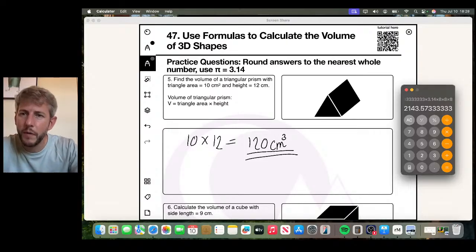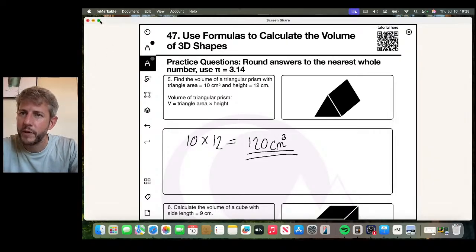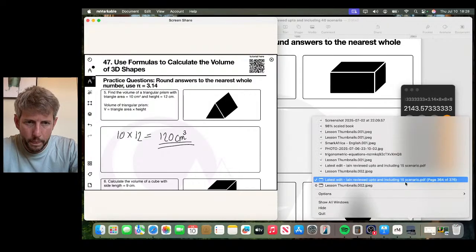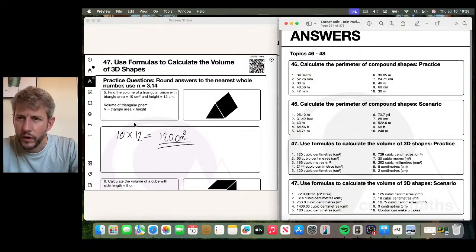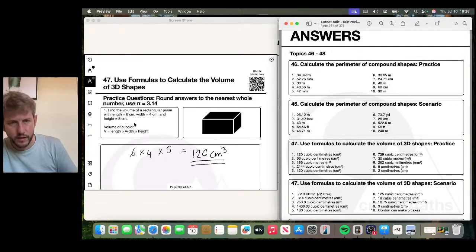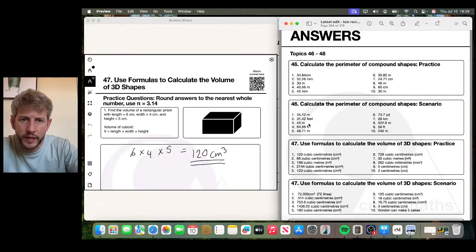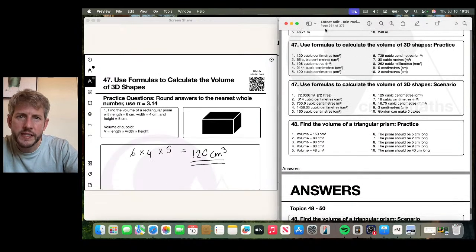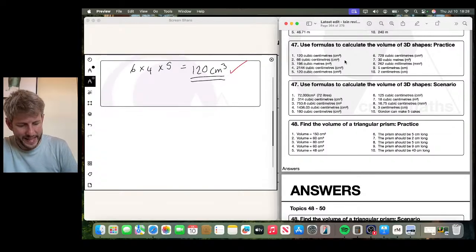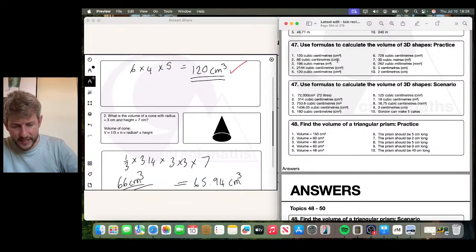Right, so let's mark these first 5. Okay, here we go. So first one, for this one, here we go. 47, 120 centimeters cubed. The next one is 66 centimeters cubed.